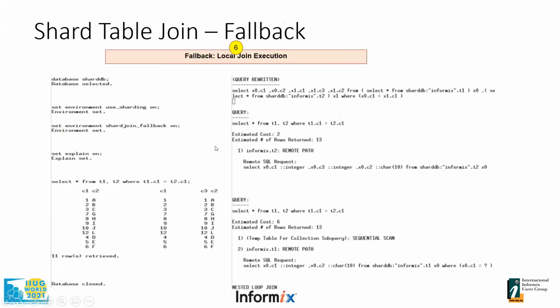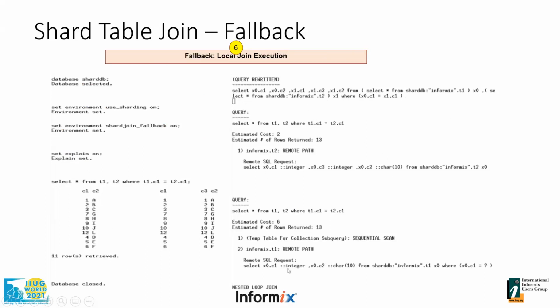How does it perform? We are utilizing two things here. One is that the query is rewritten. The original query that we have given here is rewritten to use common table expressions to execute it. By doing that, it's going to create a remote path and then make a temporary table out of it.